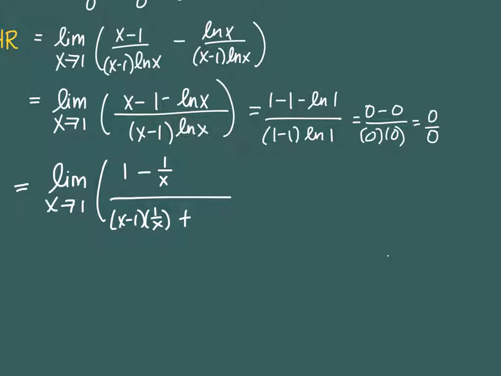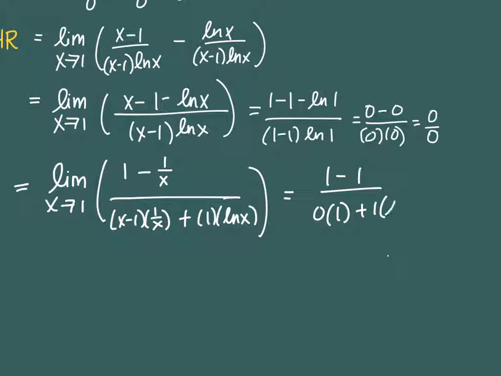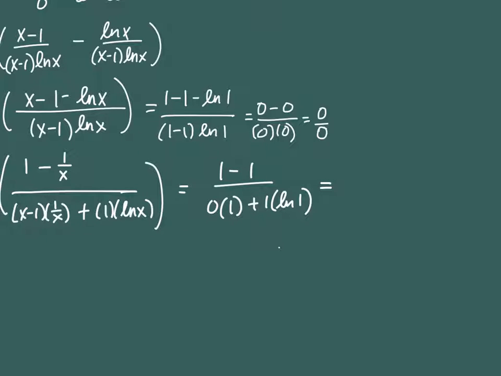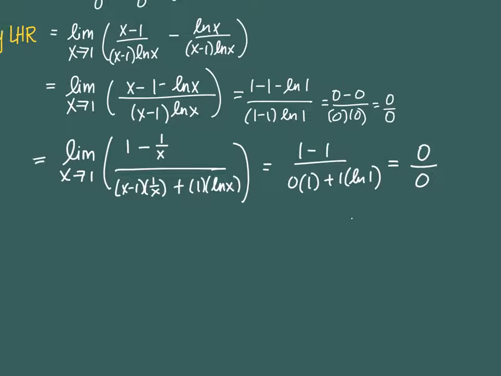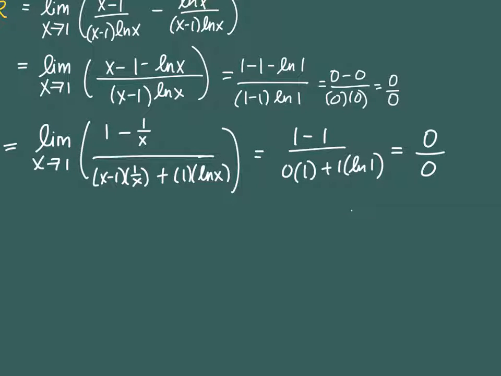Plus 1 times ln x. All right. Now we'll plug 1 into all of that. So I'm going to get 1 minus 1 over 0 times 1 plus 1 times ln 1. So all of that, I get 0 over 0 again. So I'm going to need to apply L'Hopital's rule again.